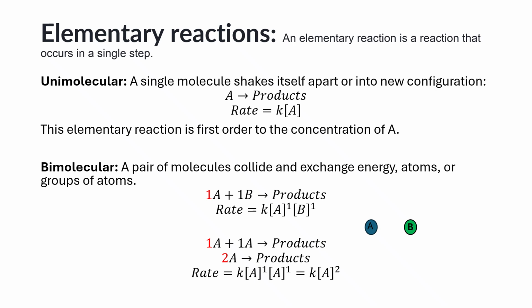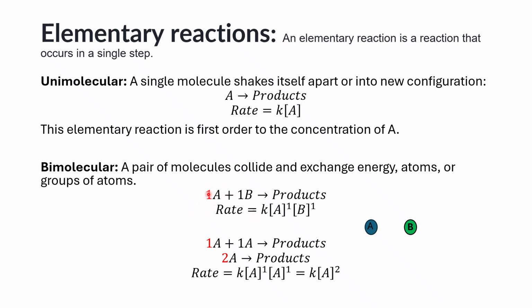The molecularity of an elementary reaction is the number of molecules coming together to react in an elementary reaction. Note that the phase of the species is not specified in the chemical equation for an elementary reaction, and the equation represents the specific process occurring to individual molecules.